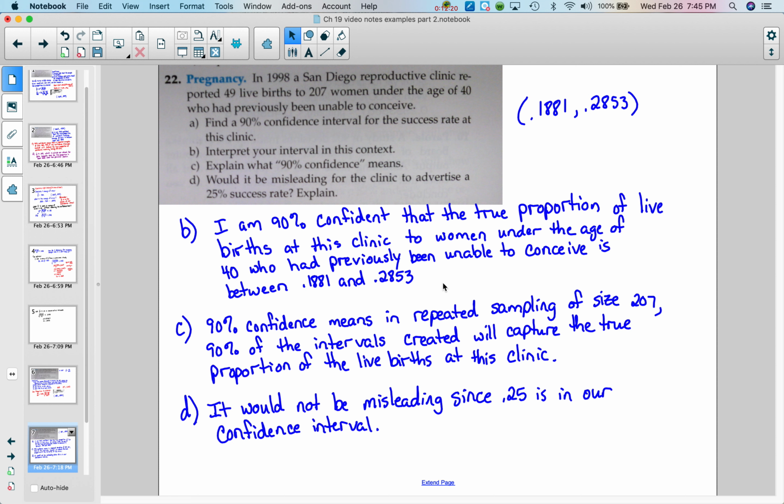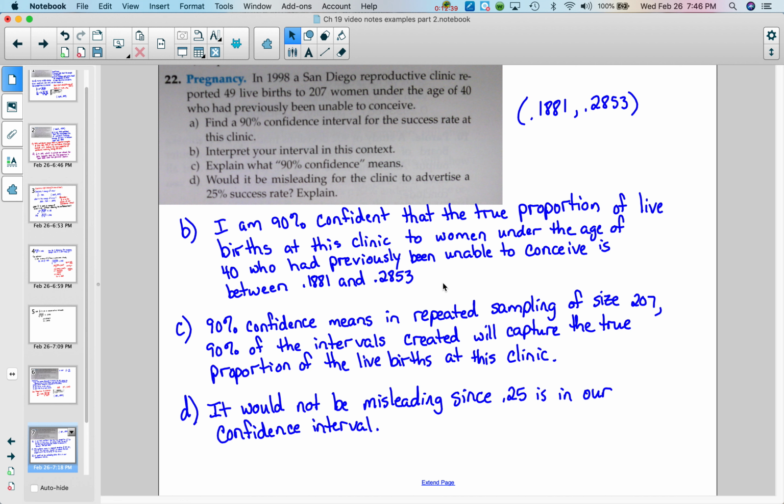So here's what we say, and you'll notice they all sound alike after a while, except the context is different. I am 90% confident that the true proportion of live births at this clinic to women under the age of 40 who had previously been unable to conceive is between 0.1881 and 0.2853.